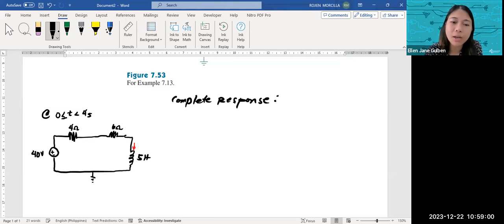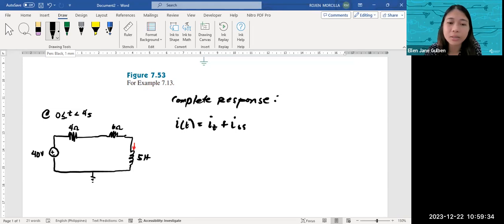So the complete response is that we have i of t equal to i transient plus i steady state. Okay. So actually, we will be using this one as our general solution. But coming to analyze that, we are not going to arrive at a steady state. So it's okay, we're not going to arrive at a steady state. But still, we will perform this solution.